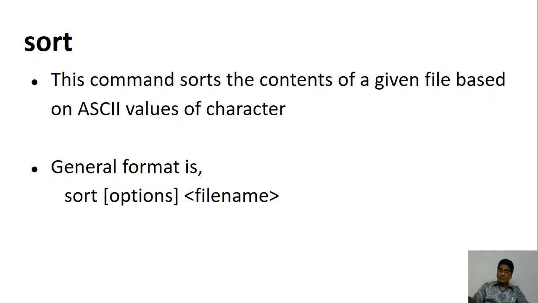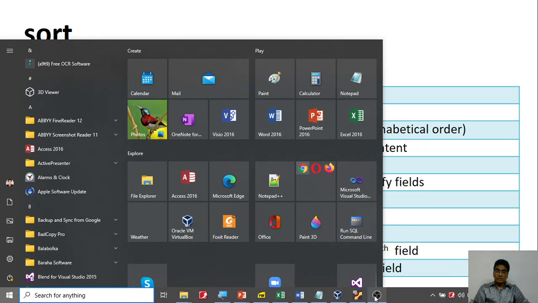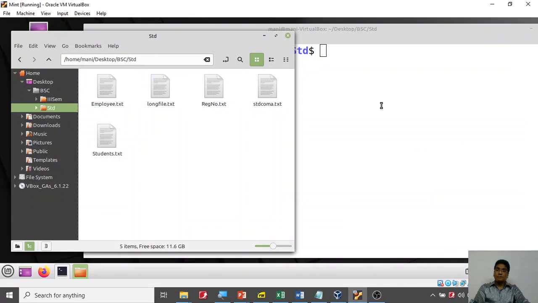The general syntax is sort followed by a lot of available options and the file name. So this is how the command is going to be used. You have a lot of options here. Again, because of the time restriction, I may not explain all of them, but you can try them during the lab hours. So let's go straight to Linux.